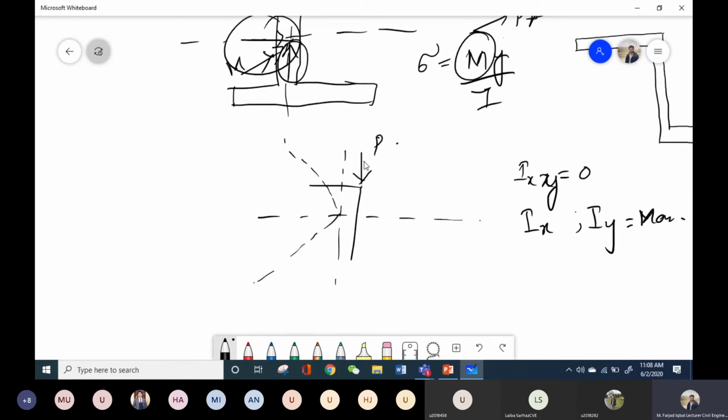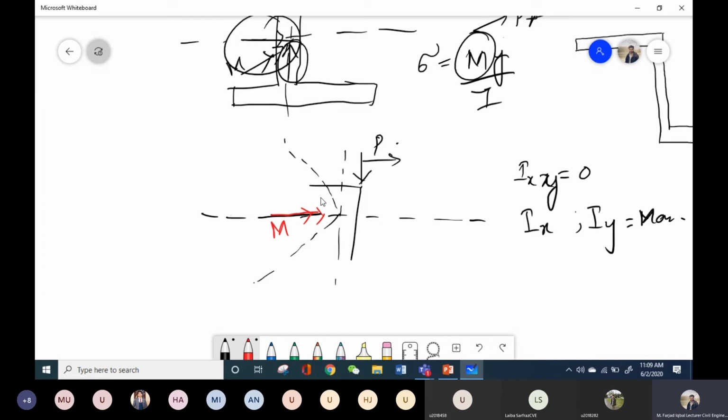In this case, let's say this load is acting in the vertical direction, so the moment will be produced around an axis which is 90 degrees to this axis, which I have shown by this black line. And if I resolve the moment by following the same sign convention as we used in the previous case of the symmetrical section, let's say this is my moment M.